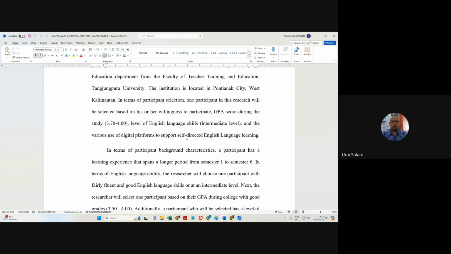Then when you use the chronology, you ask how learning happens, how self-directed learning happens. That could become the narration of the way they use digital platforms in self-directed English learning. Now it is very different from a case study.